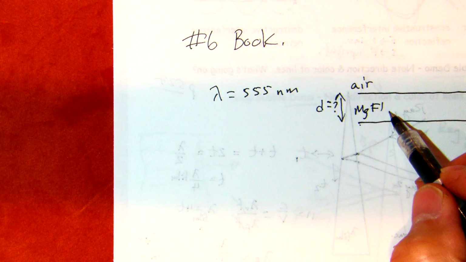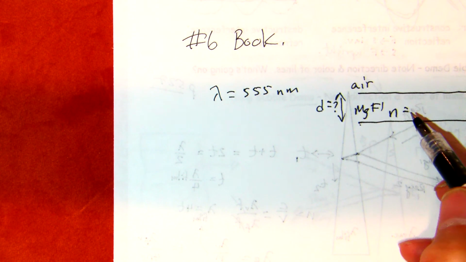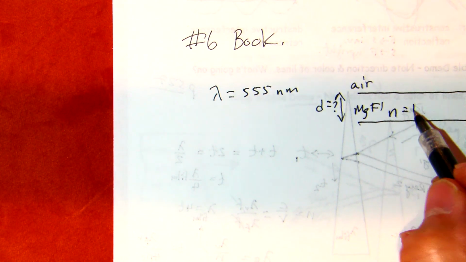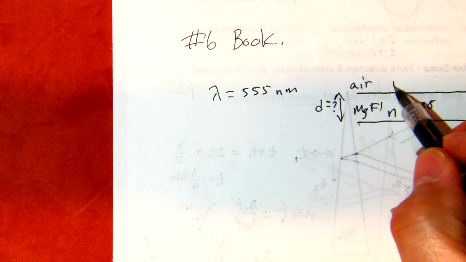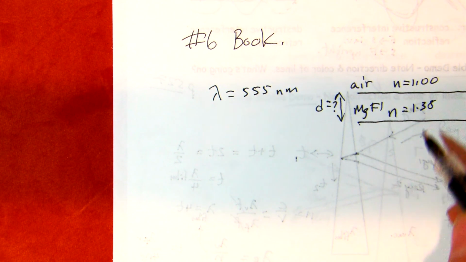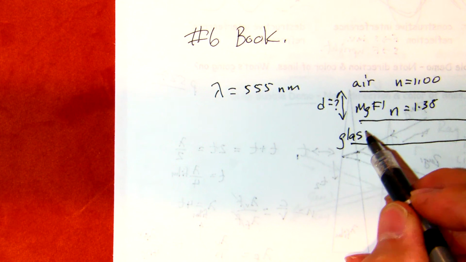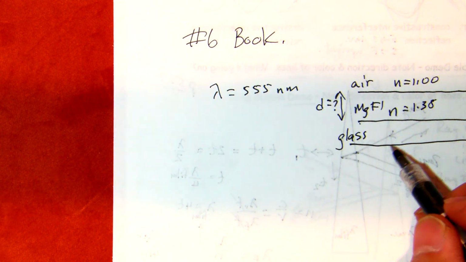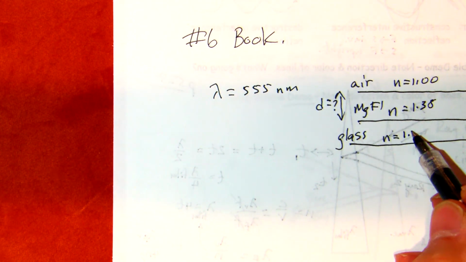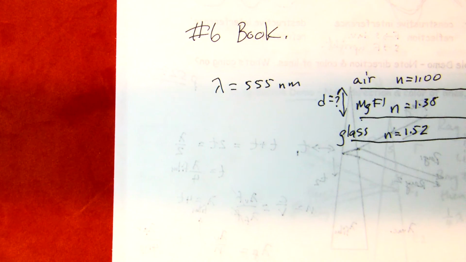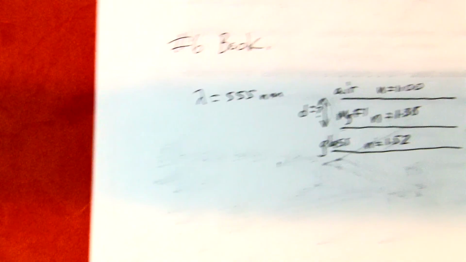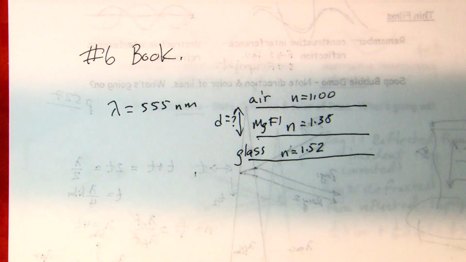They do tell us though that it has an n of 1.38, n for air is equal to 1.0, and it's sitting on glass. The index of refraction down there is 1.52. Okay, the question is, how thick does this have to be in order to make this a dark spot?